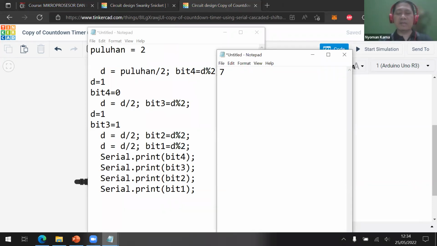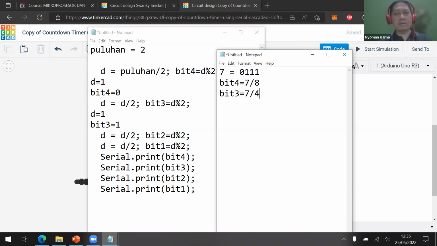Let's take for example 7. So 7 is supposed to have the binary of 0111. So the bit number 4 is actually 7 divided by 8. And then bit 3 is 7 divided by 4.